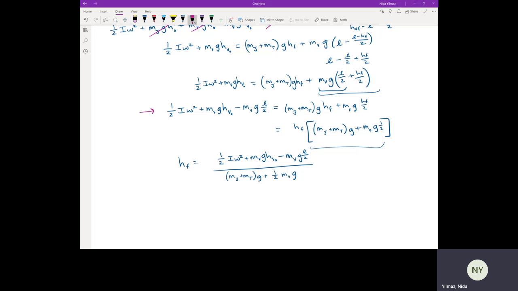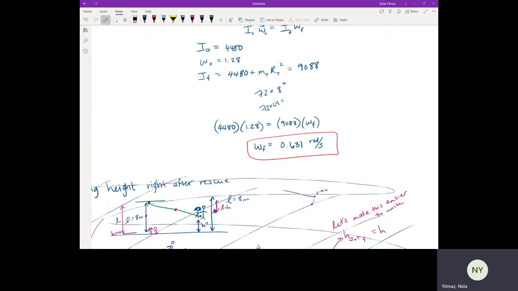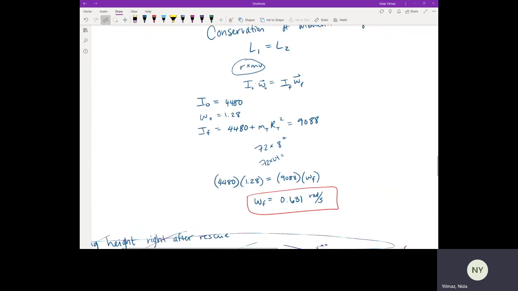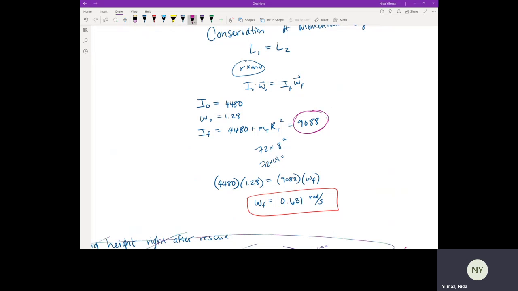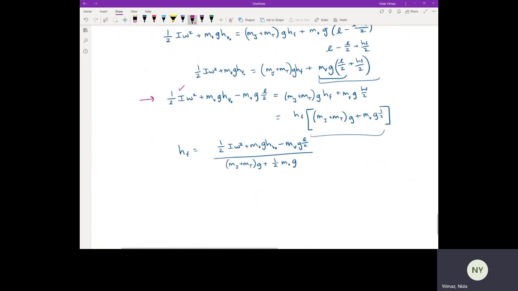Going back here really quick, we know I because we solved for it in the last part. Oops, sorry. We solved for it over here. So this I F is what we're going to use. I F from the last part.